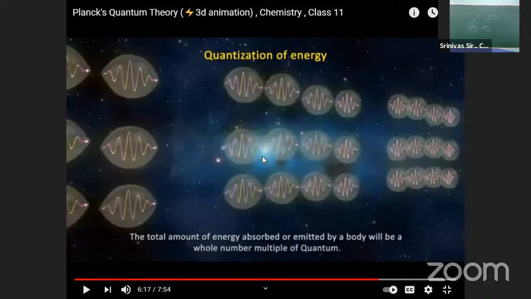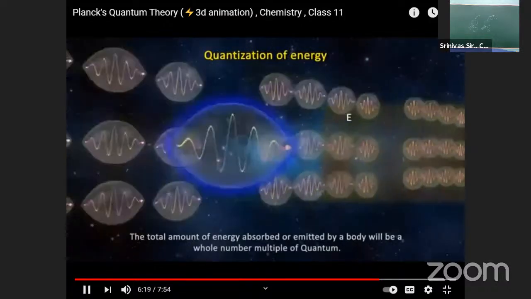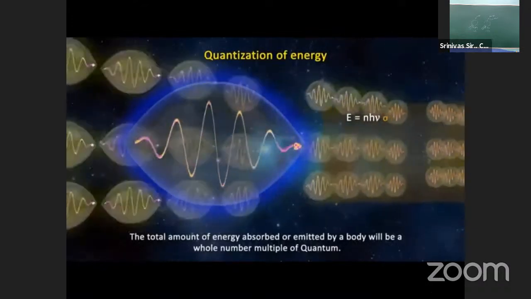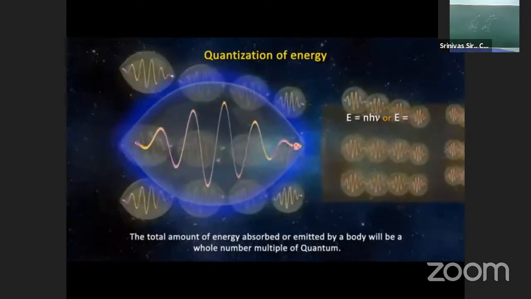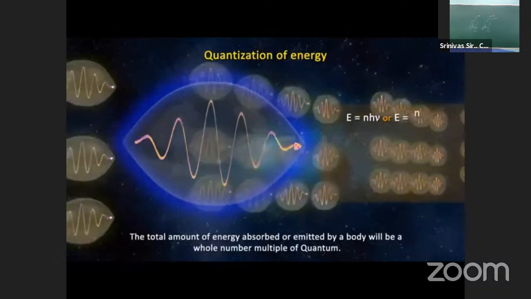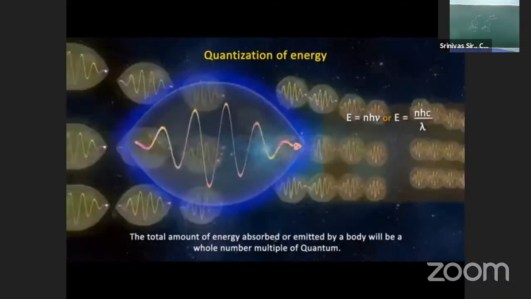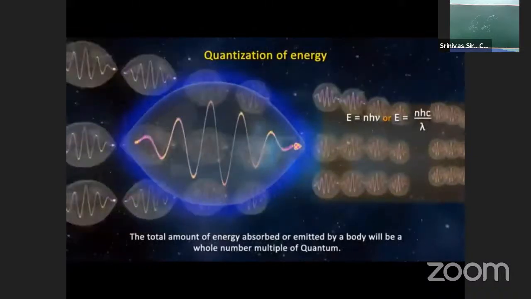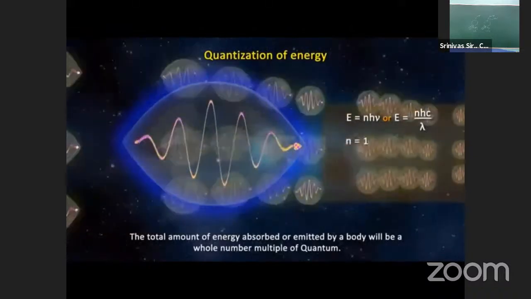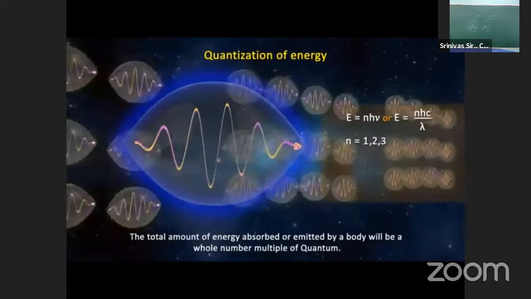So below that statement, write down, therefore E is equal to n times h nu. That is E equals n h nu, or E equals n into hc by lambda, where n is an integer with values 1, 2, 3 and so on.